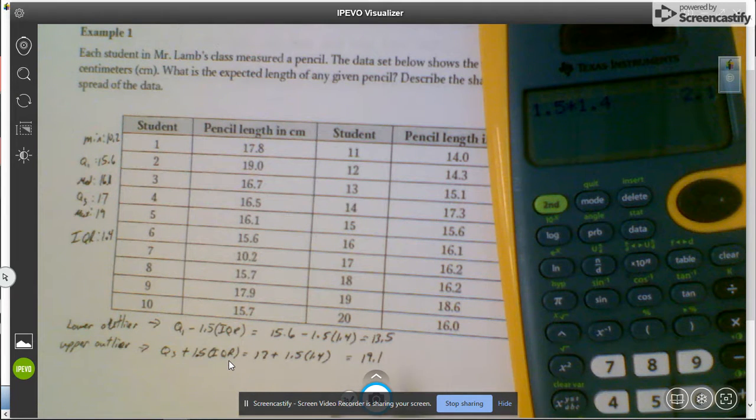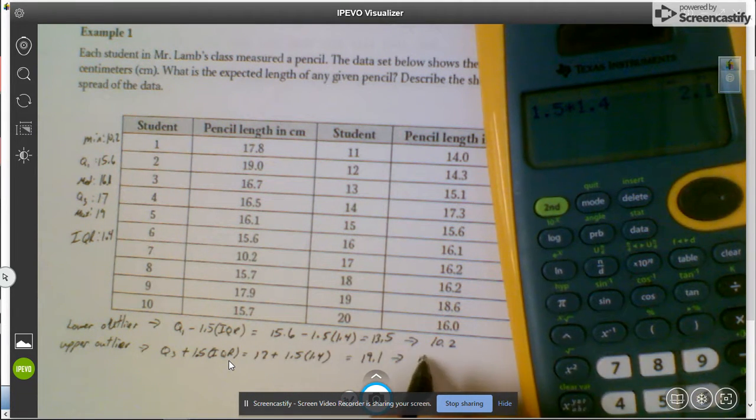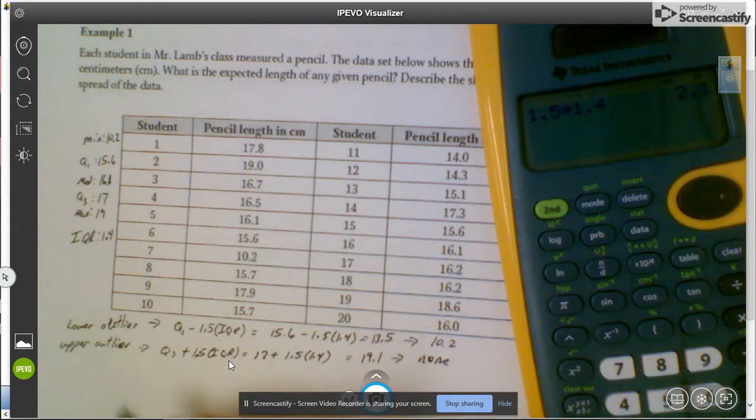So what I want to do is look for any numbers below 13.5, which is 10.2, and then anything above 19.1. If I go back, I had a 19, but not 19.1, so nothing above that, so none. So 10.2 is my outlier, which means we do not want to use the mean.